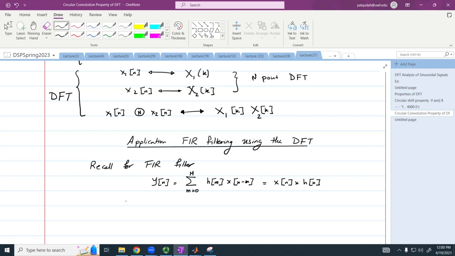What is the length of this filter in this case? M plus 1. Because I have from 0 to M. Okay.